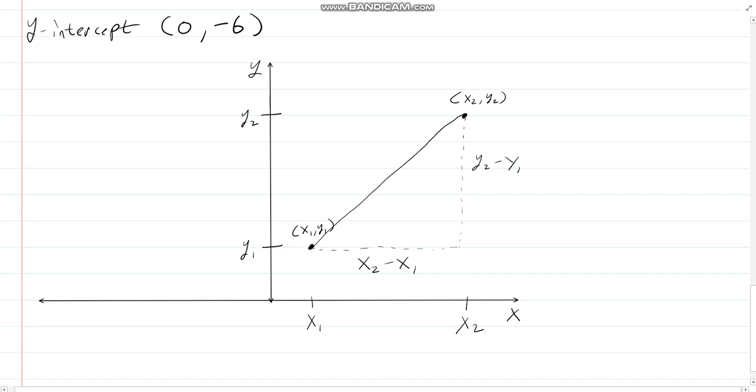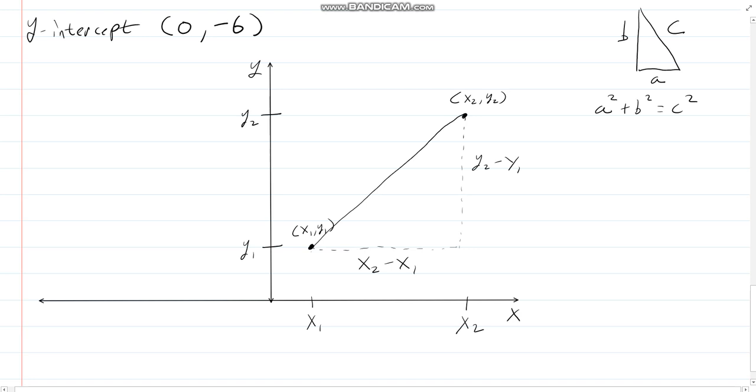Now, if you've taken algebra classes before, you know that in triangles you can have a triangle where the height is b and the length is a and this hypotenuse is c, and this is the Pythagorean theorem, a squared plus b squared equals c squared, and we can use that result to discover what this is.